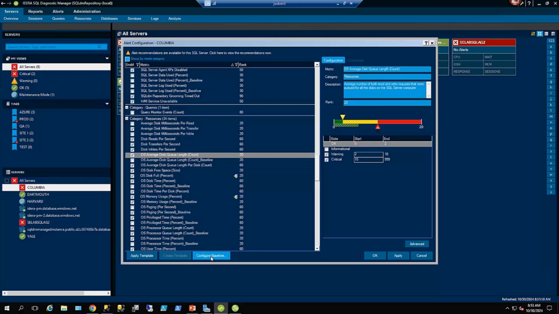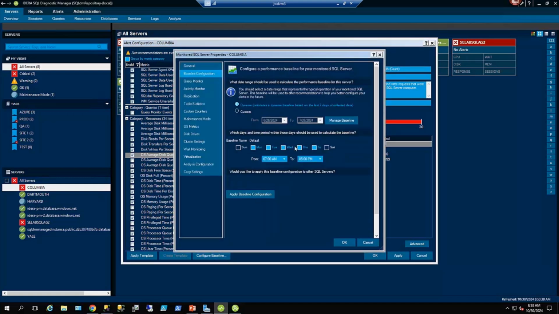Okay, so the baseline utility, it's turned on by default, nothing that you have to really do to get it turned on or configured, but I did want to highlight a few things to note. First and foremost, by default, we're running a dynamic baseline, a baseline calculated over the last 7 days. But if you'd like to put a custom baseline, a baseline for a static period of time, like a week out of a month or a day out of a week, you can certainly do it.